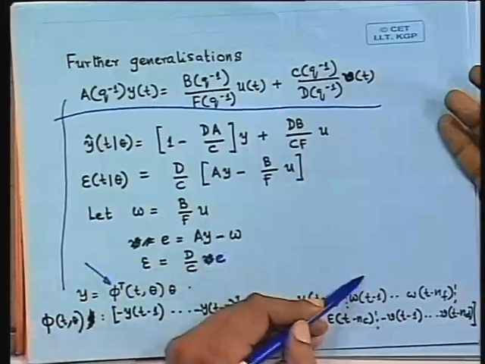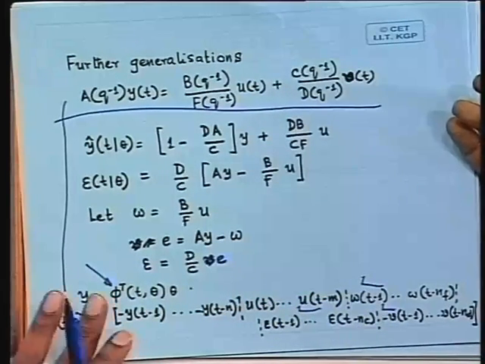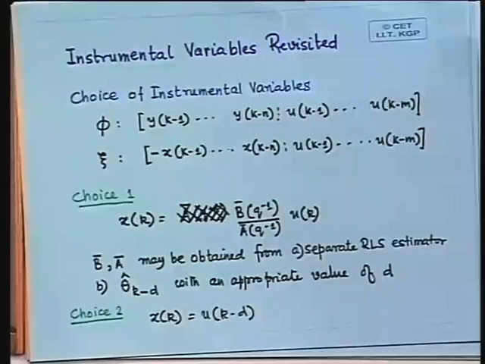You will have various other vectors, and these are generally not called for, and it's not that simple, you might experience convergence problems, especially when you have a large amount of noise. So you can do it, but you have to do it with caution. Just by generalizing the noise model you won't always get improved estimates. So we will skip this. This is just to show that it is possible to generalize it further, and it is done in the literature. Now we will come to the instrumental variables model.